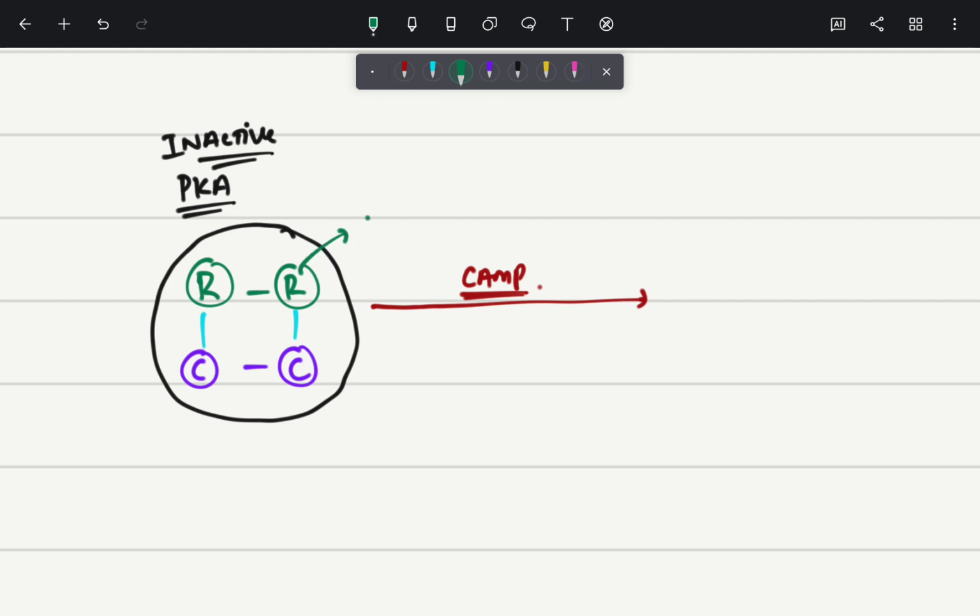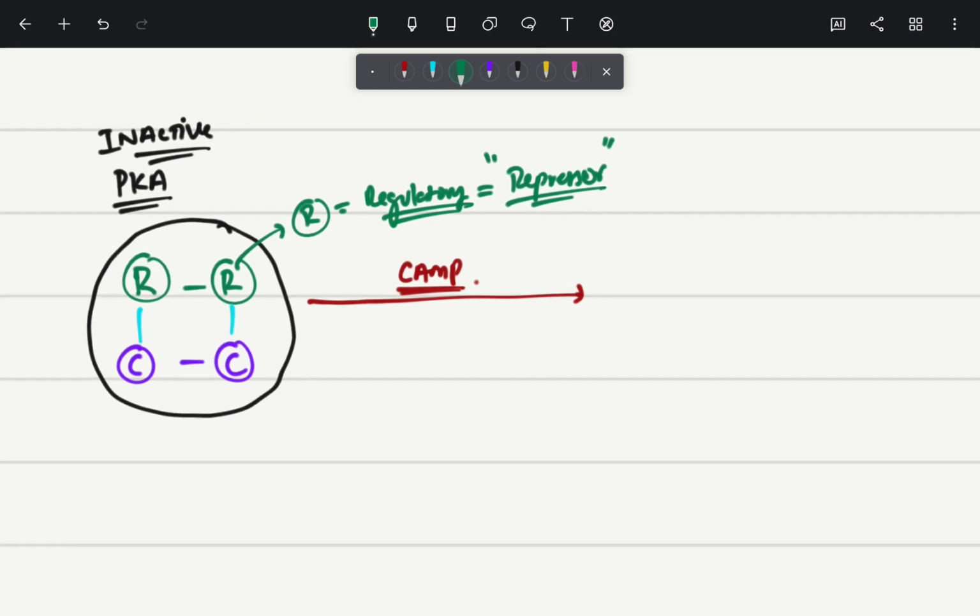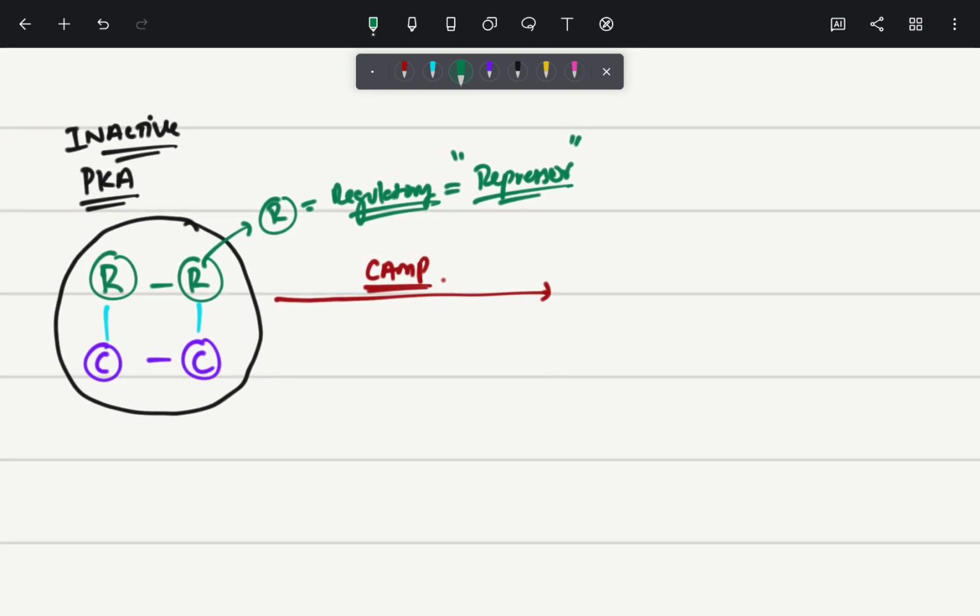Now can you see this R subunit? These are the regulatory subunits. These regulatory subunits are literally doing repression, or these proteins are your repressors. They are repressing the activity of the catalytic unit. So we have to remove the repressor subunits in order to activate the protein kinase.